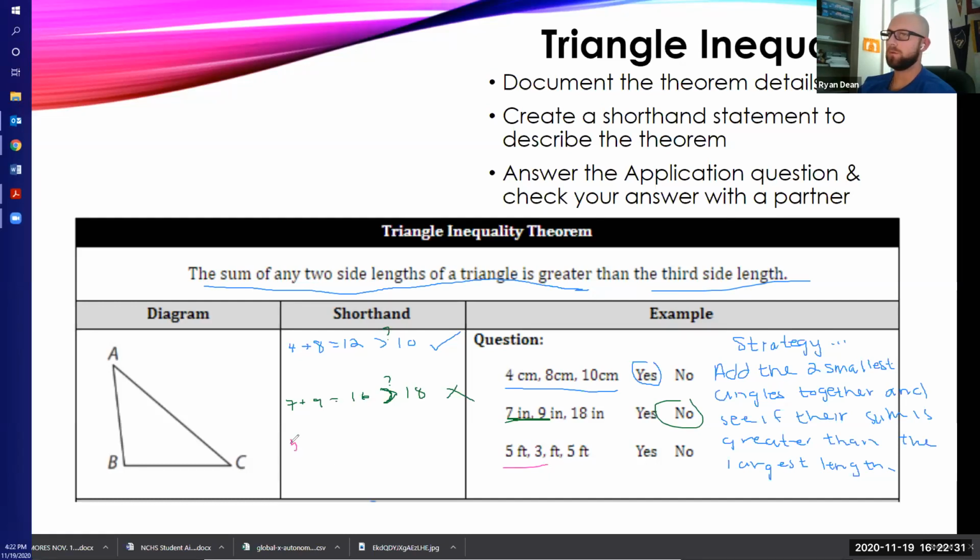So I'm just going to do 5 plus 3 equals 8. Is 8 bigger than 5? Yes, it is. So in this case, these three sides do make a triangle. So that's what we use this for. We just use the triangle inequality theorem to figure out whether or not this makes a triangle.